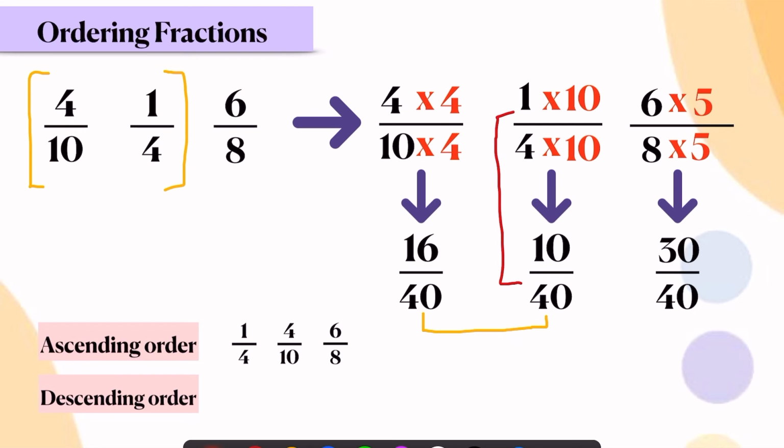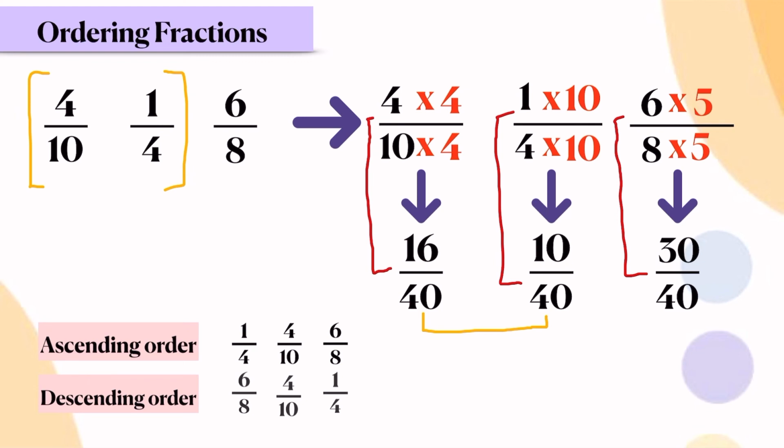So we have 4 over 10. And the biggest one is 6 over 8. The opposite way, if you order from the biggest to the smallest, we get 6 over 8, 4 over 10, and 1 over 4. So we call this descending order.